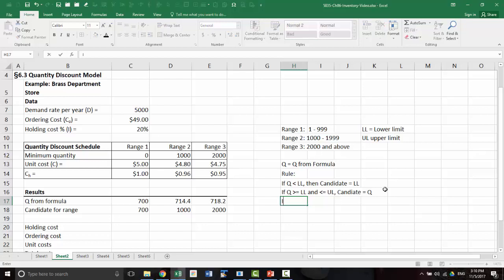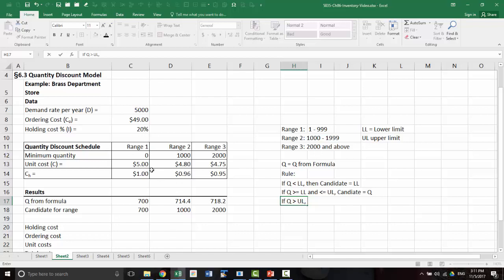And if Q is greater than the upper limit, that means your Q is now worth the higher discount. So for example, if the formula turns out to be 1200, then why would you order at $5? You would go here and order, because your formula gives you 1200, which qualifies you for $4.80.